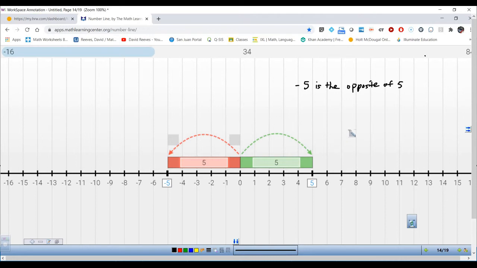Both are true. It goes both ways. Opposites are on the opposite side of 0, or the origin right here, and they are the same distance away.